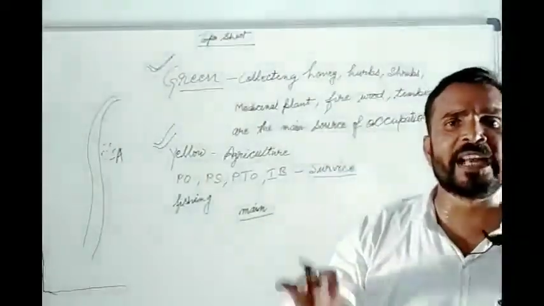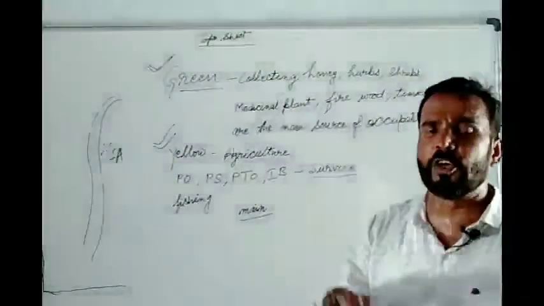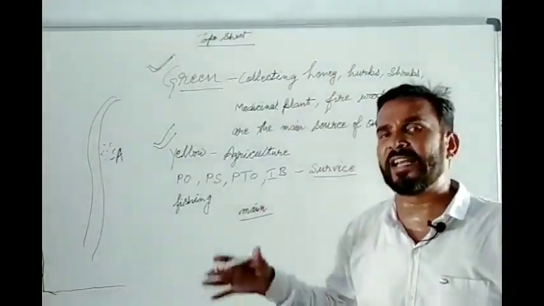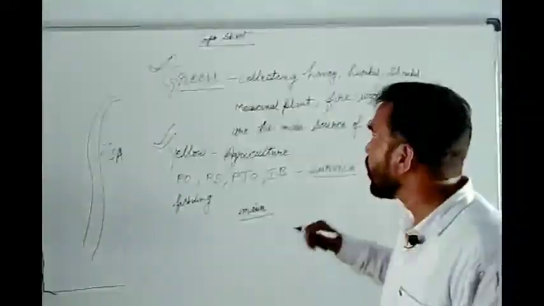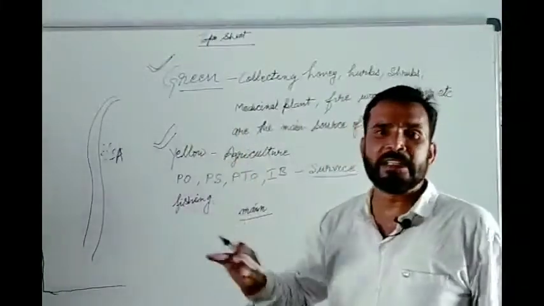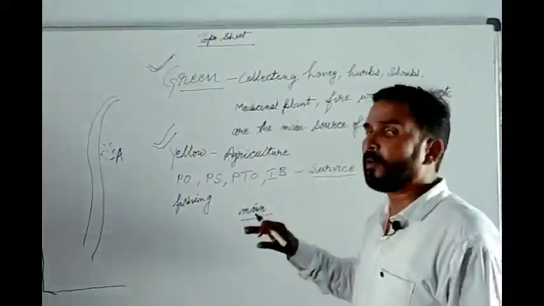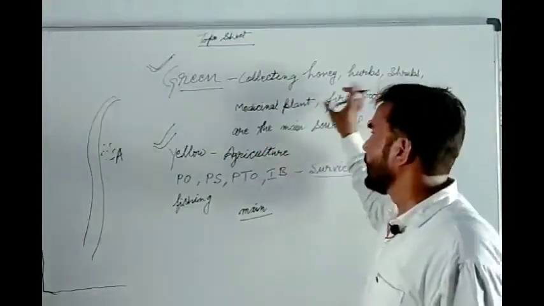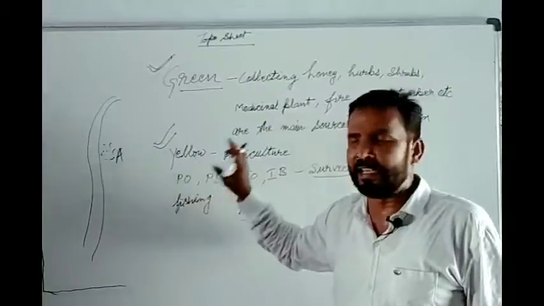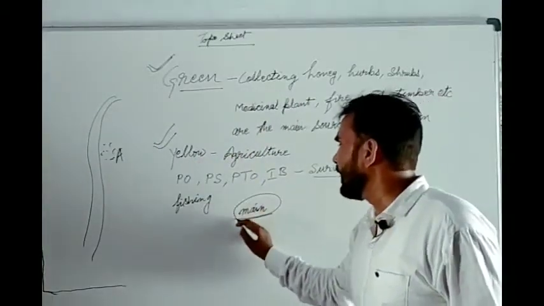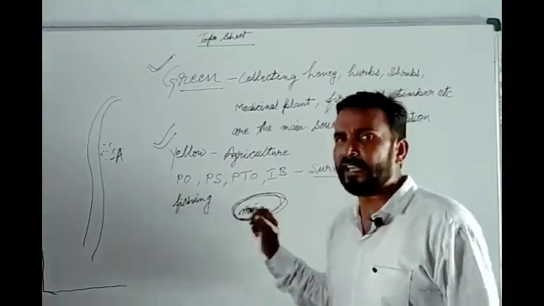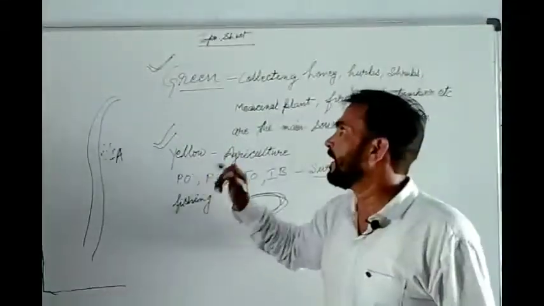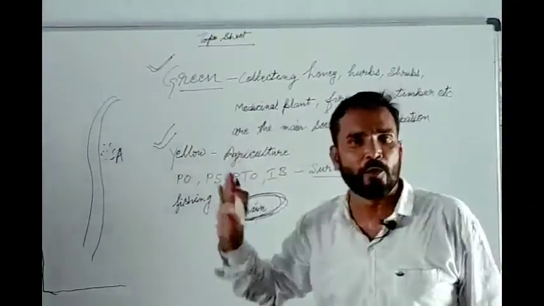It can be one type of occupation, but it cannot be the occupation for all the people residing in that area. So green or yellow color, this we have to see. Majority of the people can depend on the forest or on agriculture. So if they are asking main occupation, then you have to write one of these two, and the region will be green and yellow color.